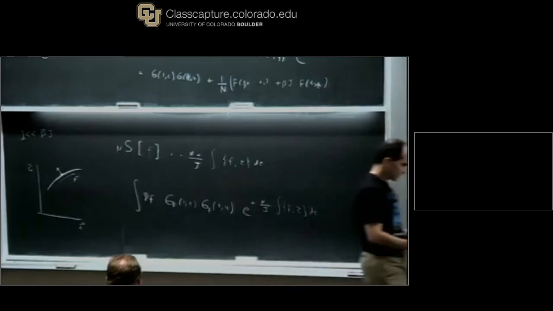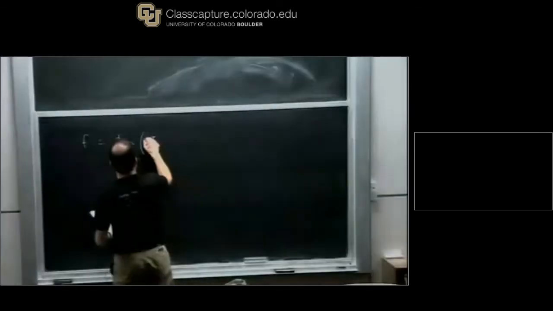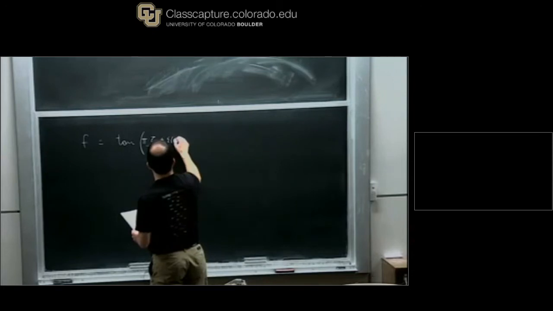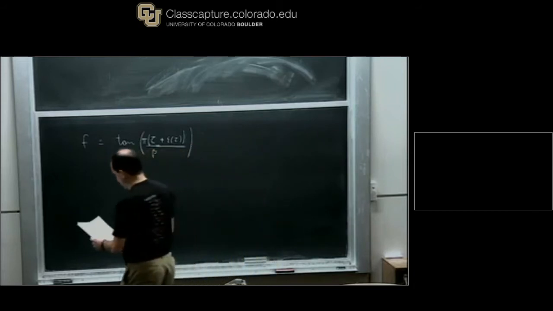The classical solution for the finite temperature configuration was something like tangent of pi tau over beta, this is in Euclidean space. And now, for small fluctuations, we just add an epsilon of tau. And then we can expand that action.